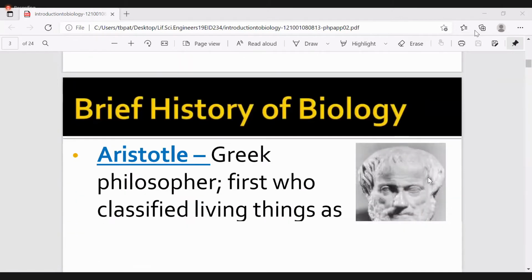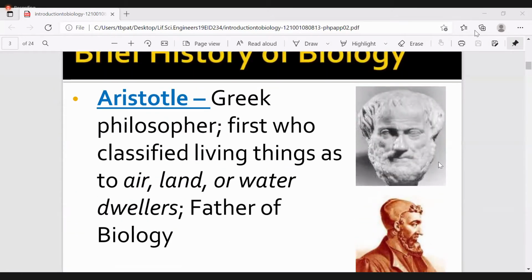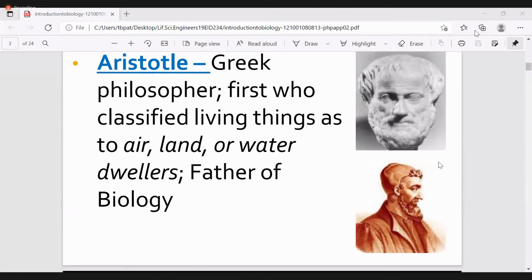Yeah, this is the brief history of biology. The great Greek scientist Aristotle distinguished the living things and non-living things. He is the father of biology.